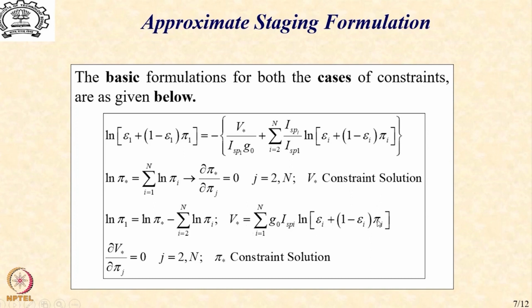So v star will contain only pi 2 to pi n, and then I differentiate this again with j going from 2 to n. So I only have n minus 1 partial derivatives. So I solve for these n minus 1 partial derivatives to solve for pi 2 to pi n, and substitute back into this constraint relation to obtain pi 1 value.